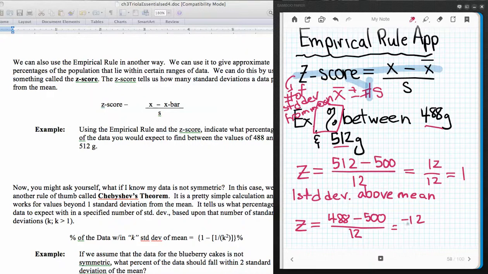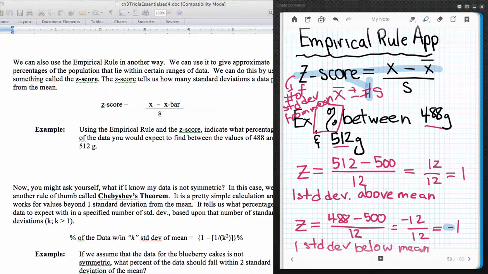It's below the mean. And then divided by 12, which gives us a negative 1. And again, it's that negative 1 that's going to tell us that it's below the mean. So we have 1 standard deviation below the mean this time. So again, it's the negative that shows me that it's below the mean.